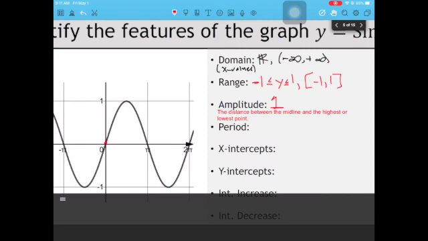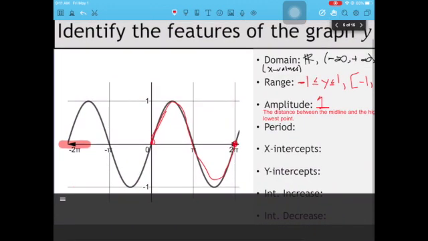It starts here at 0, then it goes all the way around, and once it hits 2 pi, it's going to start all over again. So then we'll have another period right here, and we can even keep on going. Then another one, and so on and so forth.